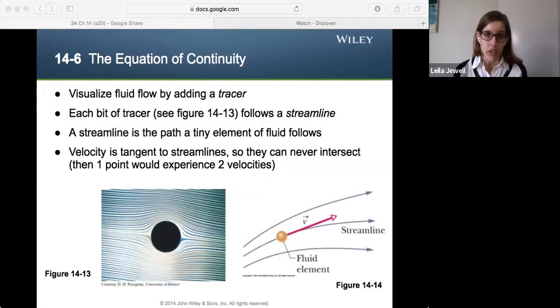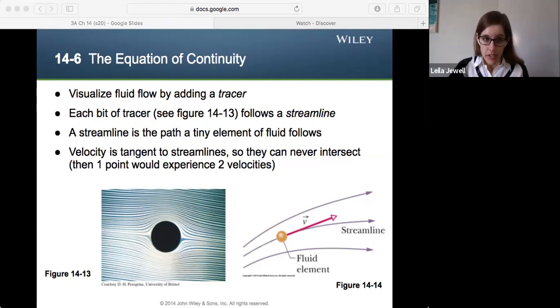And we're going to visualize the fluid flow by adding a tracer. So we can imagine there's fluid flowing around and then we just drop in some food coloring, for instance, if it was water, so that you can see what path it would take.